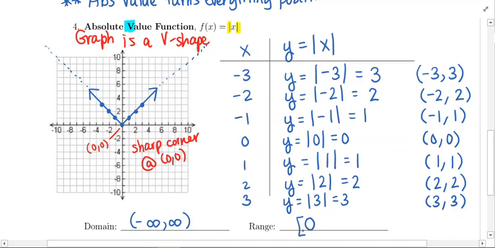Y equals 0 is the output when the input is x equals 0. Then we need to go off to the high point. In either direction, the graph goes up, up, up forever, so the highest y value is essentially positive infinity. So the range of the absolute value function is going to be from 0 to infinity, including 0.